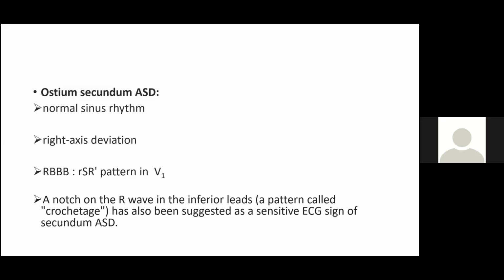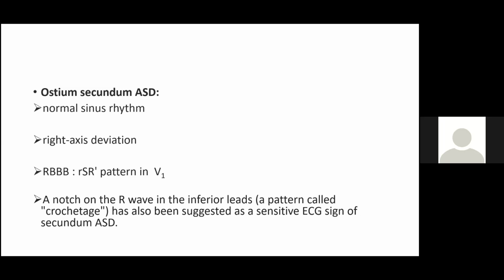Sorry, sir, I didn't hear you, sir. Oh, yeah. Is it the sinus venosus? Yes, sir, the sinus venosus. If you look at sinus venosus ASD very well, the superior vena cava, let's talk about the SVC type, the superior vena cava is straddling over the roof of the entire septum.